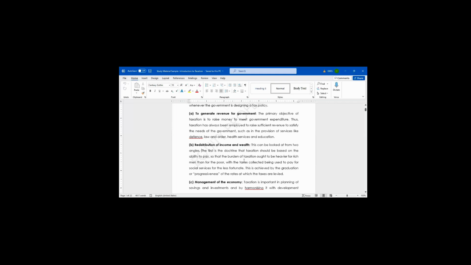So redistribution of income and wealth simply means one of the reasons why government collects tax is that those who earn more income pay more tax than those who earn lower income. The tax government collects from higher income earners is used to develop the area where lower income earners reside.